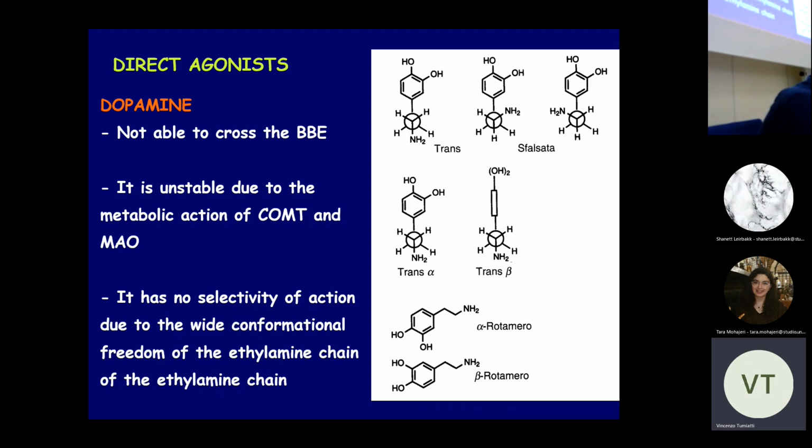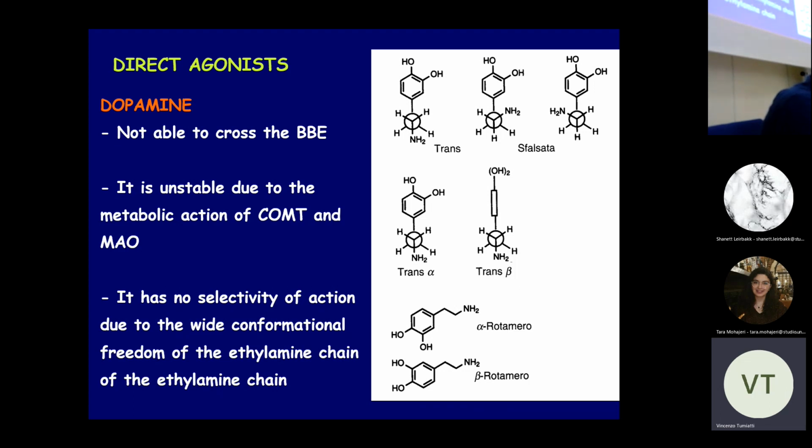So it is necessary to have a frozen analog, a frozen compound, not able to assume a lot of conformations such as dopamine.